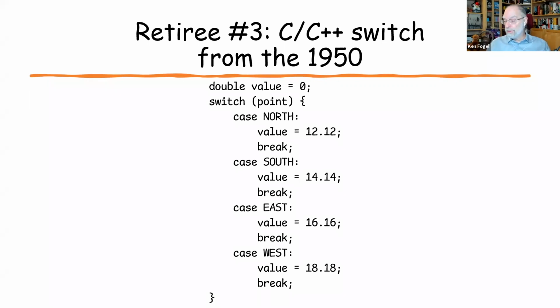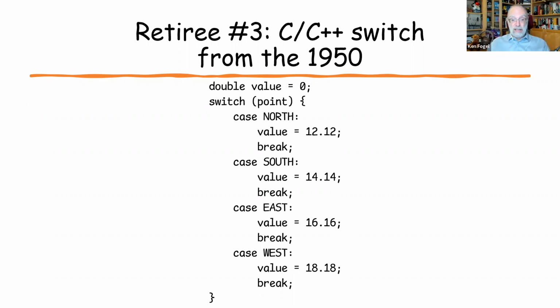Retiree number 3. We are looking at the classic C or C++ switch. When I was preparing this, I asked myself, when was this particular syntax first introduced? And I discovered it actually comes to us from the 1950s.